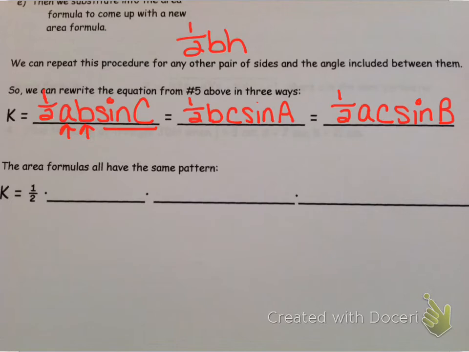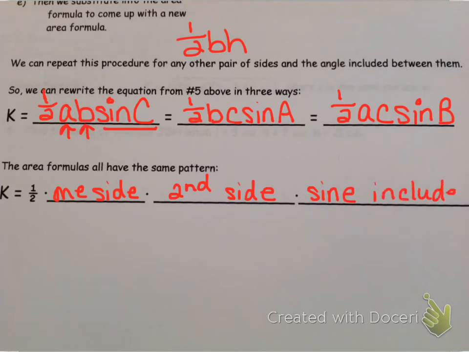Okay, and they all have that same pattern, and that pattern is definitely the most important part, because what if we were dealing with triangle PQR? Okay, not all of our triangles are going to be named ABC. And the pattern says to do 1/2 times one side times a second side times sine of the included angle.